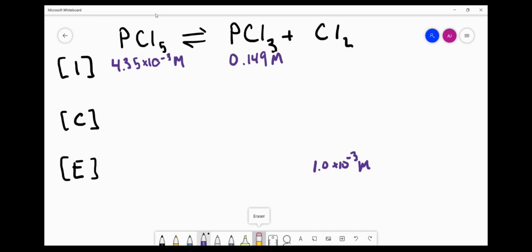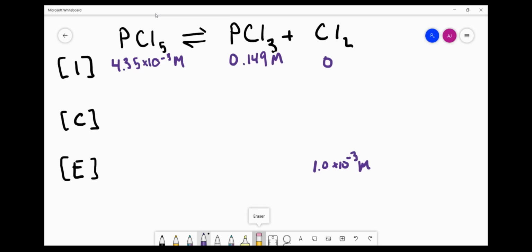Now that I've placed my givens in the ICE table and expressed them as concentrations, I'm ready to do some calculations. So let's imagine what's happening in here. A certain quantity of PCl5 and PCl3 are placed in a closed container.